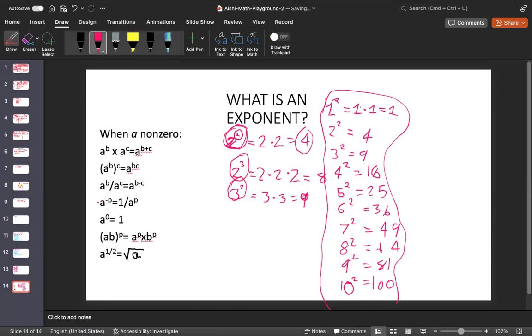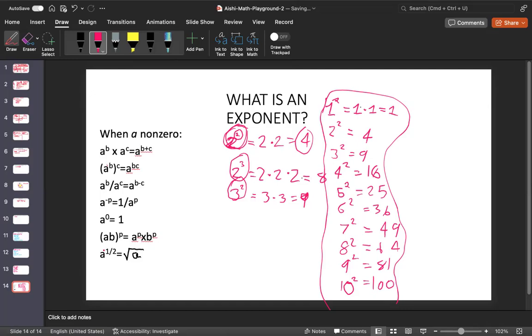And then a to the power negative b is 1 over a to the power b. A to the power 0 is equal to 1. And ab, the whole thing to the power b, is equal to a to the power b times b to the power b.